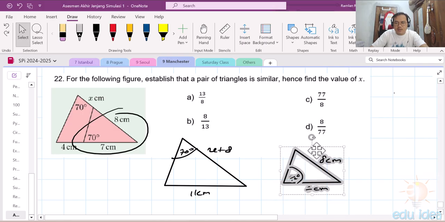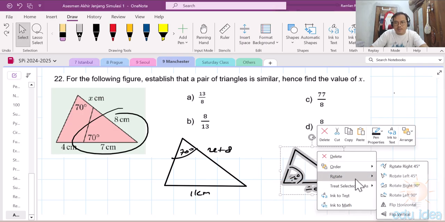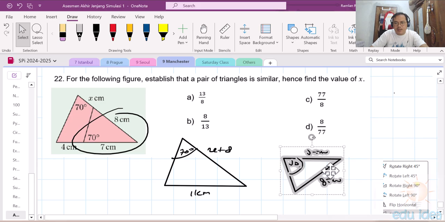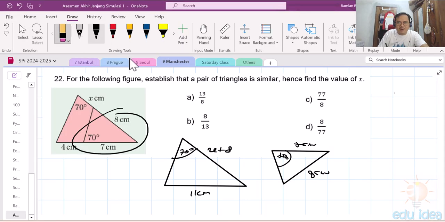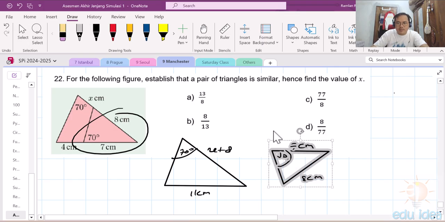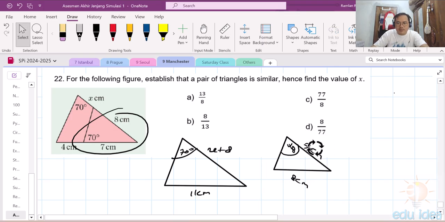So I'm going to flip it vertically, like that. I know it's upside down, so I'm going to rewrite that. This is 7. Write down 7 over here. And this is 8 centimeters over here, right? Again, I can rotate this a little bit to the left like this. Here we go.